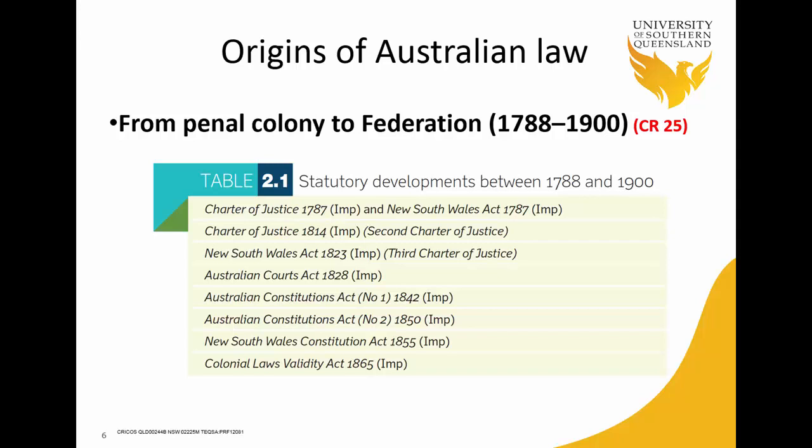So this really was the first time that we start to see a modification of the governor's absolute power. Okay. So now you have the Governor's Court, which could only deal with the recovery of small debts, and the Lieutenant Governor's Court, which could only deal with civil matters up to a certain monetary amount in Tasmania.